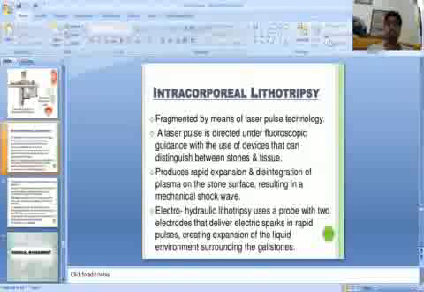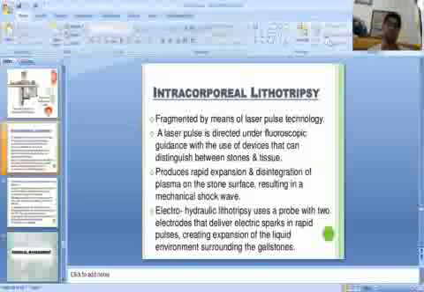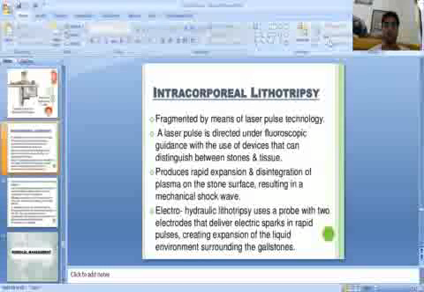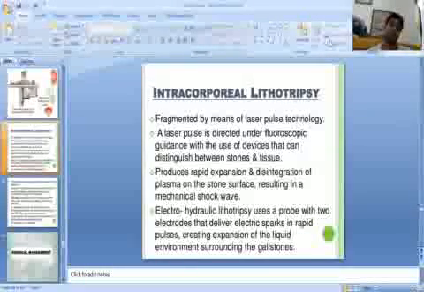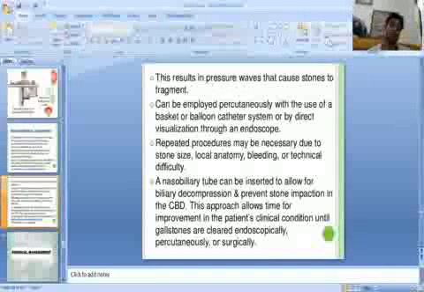Electrohydraulic lithotripsy uses a probe with two electrodes that deliver electric sparks in rapid pulses, creating expansion of the liquid environment surrounding the gallstone. This results in pressure waves that cause stones to fragment.